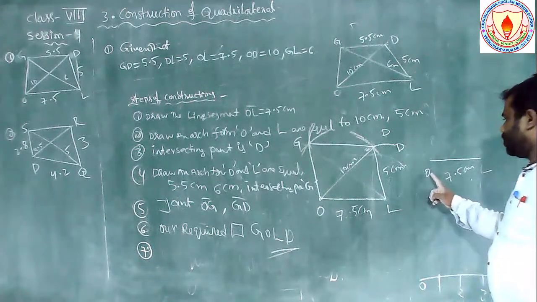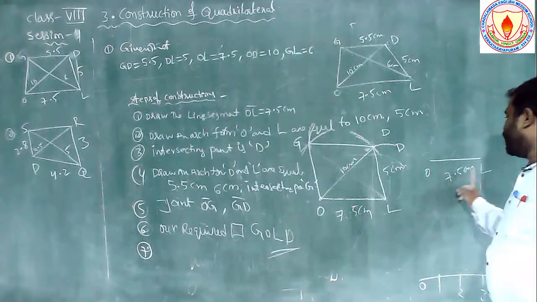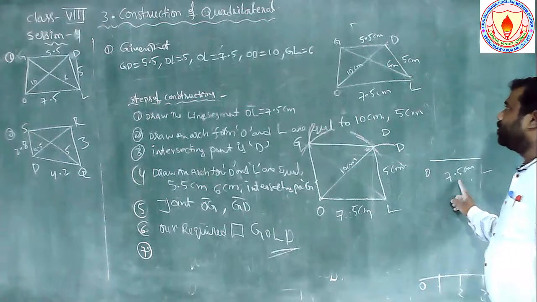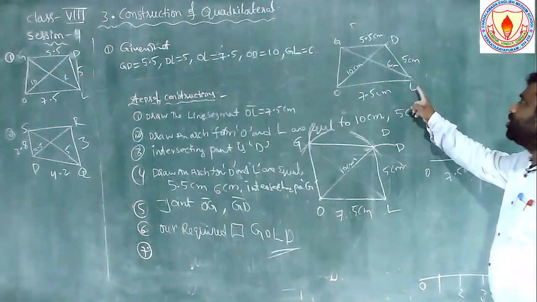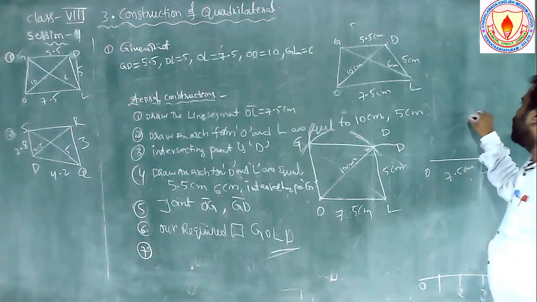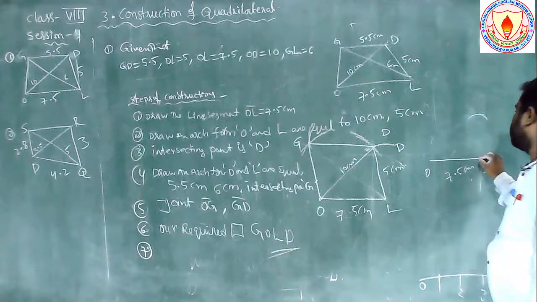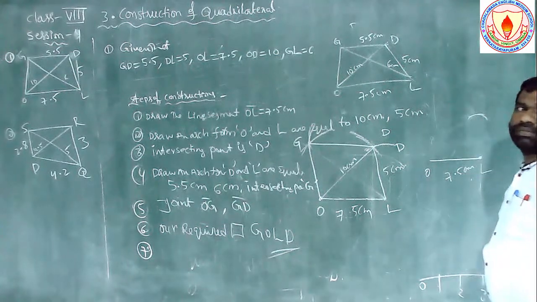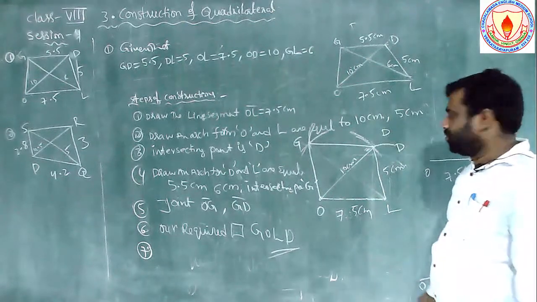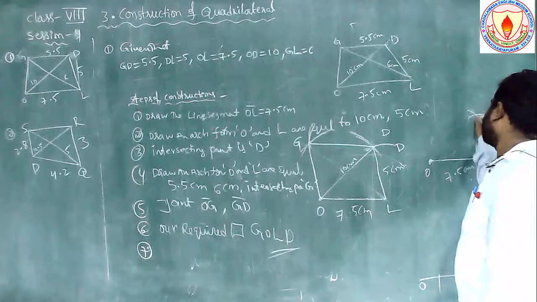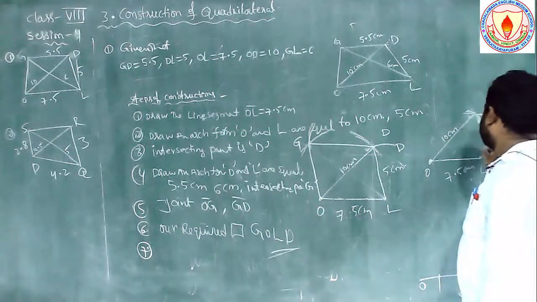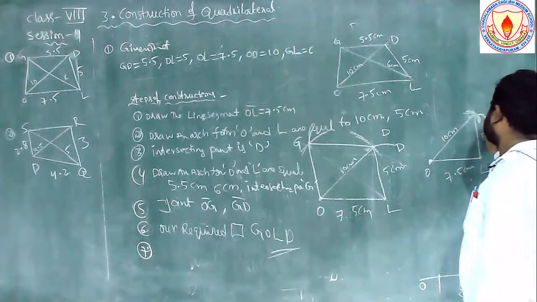And from L to D with a 5 centimeter arc you have to draw, and from O a 10 centimeter arc you have to draw. Join that, 10 centimeters and 5 centimeters.